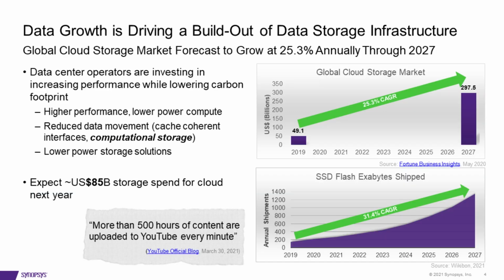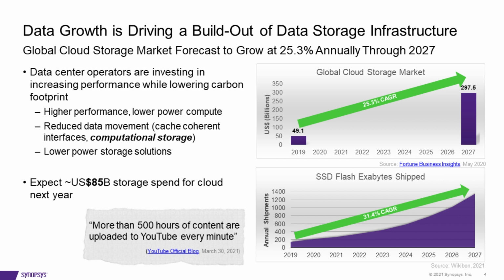Cloud service providers, as we see this data growth, are looking to increase storage spending in order to facilitate management of the increased data at a rate of about 25% annually over the next few years. That translates to about $85 billion next year, growing up to nearly $300 billion by 2027.